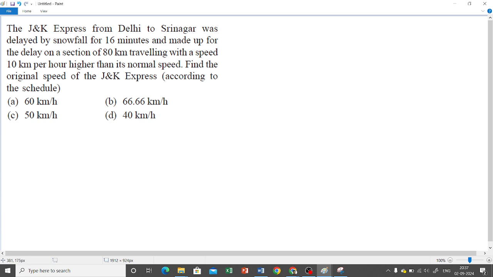Okay. So it was delayed by 16 minutes and made up for the delay on a section of 80 kilometers, traveling with a speed of 10 kilometers per hour higher than the normal speed. Find the original speed of the JNK Express. Fine. So let the original speed be x.